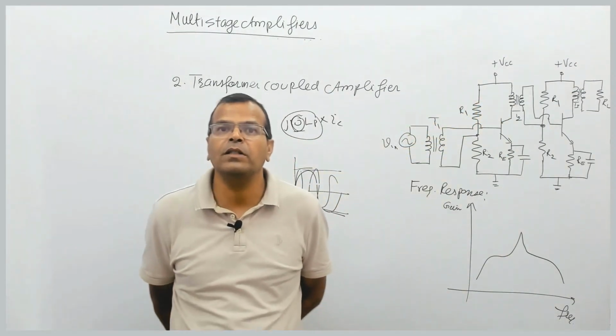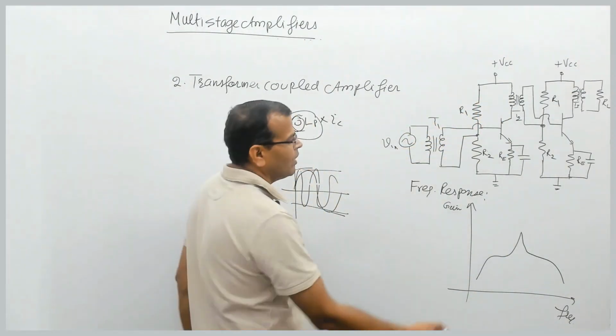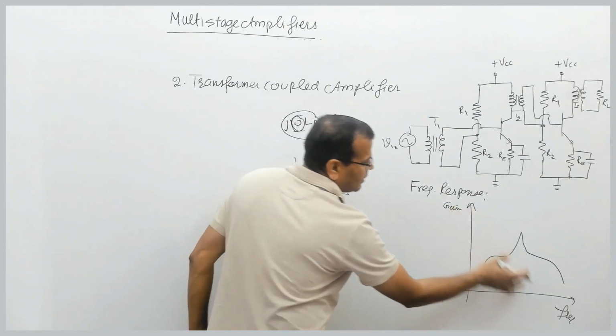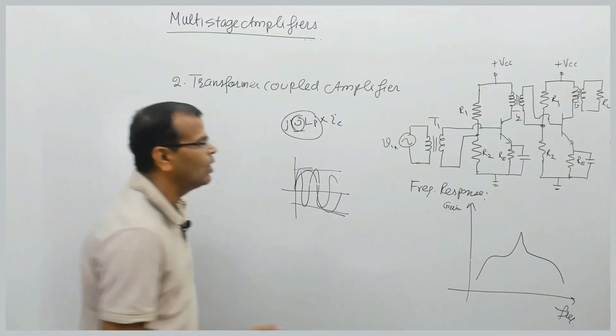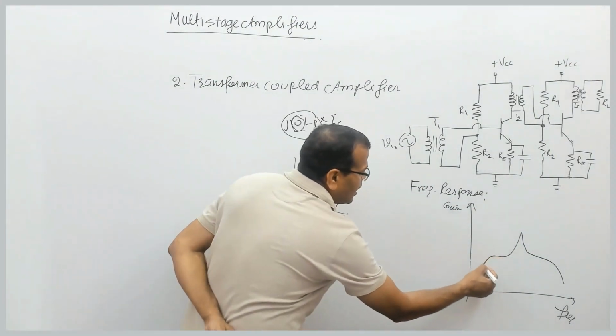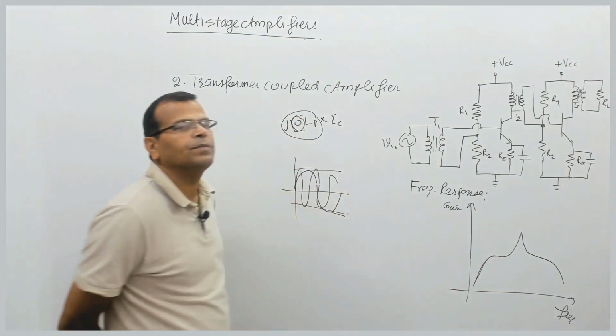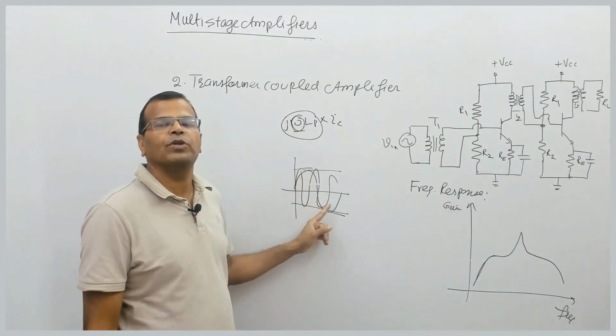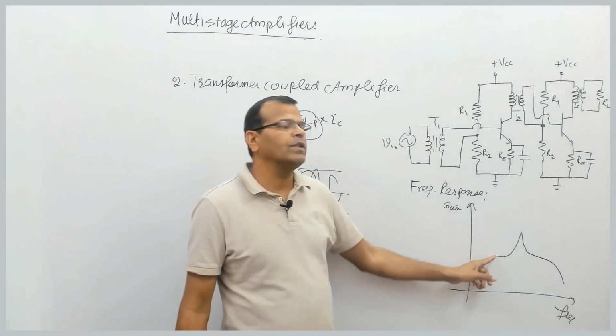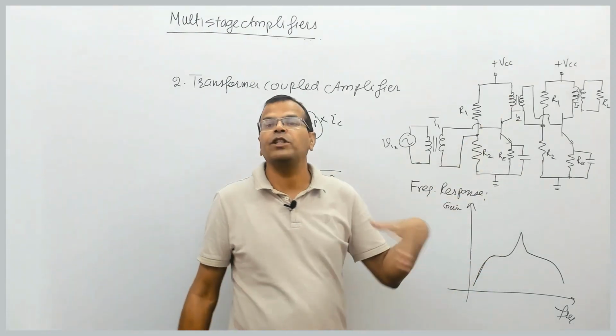So that means at low frequencies, when you reduce the frequency, this is the frequency curve, that is nothing but frequency response. At low frequencies, gain of the amplifier reduces. Why? Because for the same amplitude of the input signal, output voltage is reducing with frequency.